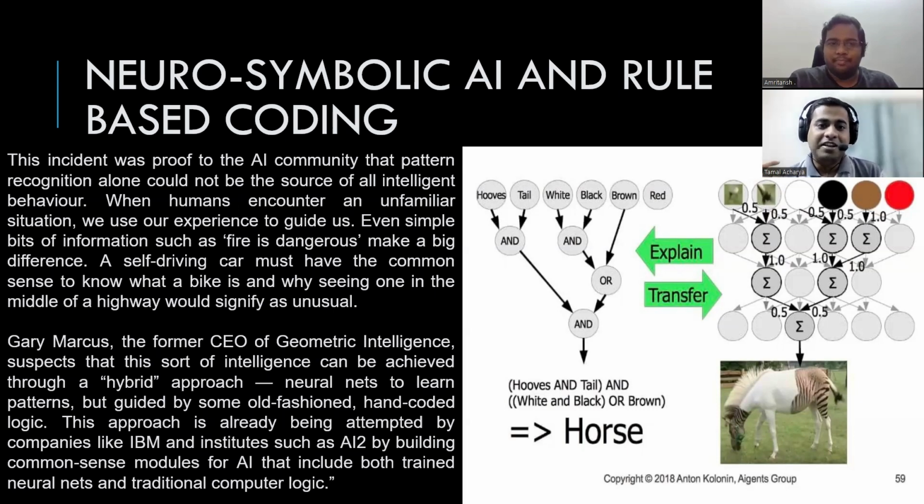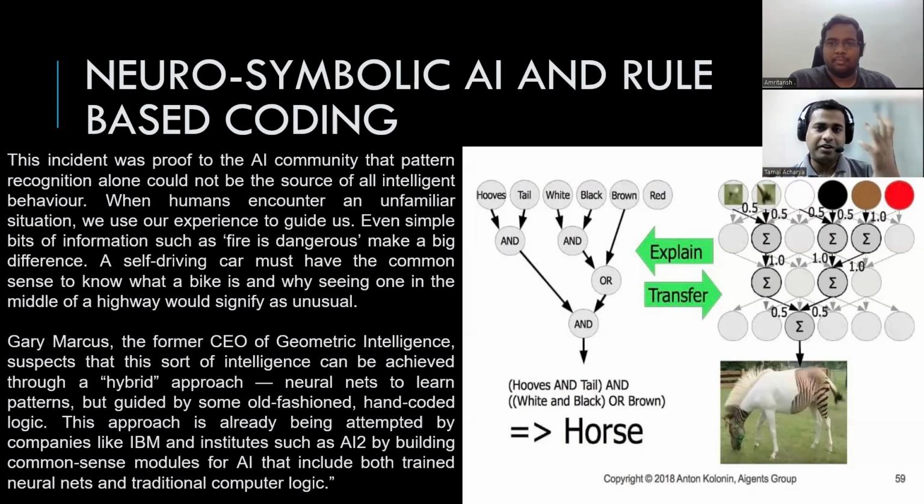This is where innate learning comes into the picture. Innate learning is something inside our operating system, the way we operate. Gary Marcus has said many times that there should be a hybrid approach: neural nets to learn patterns, but guided by some old-fashioned hard-coded logic. That's where symbolic AI comes into the picture.